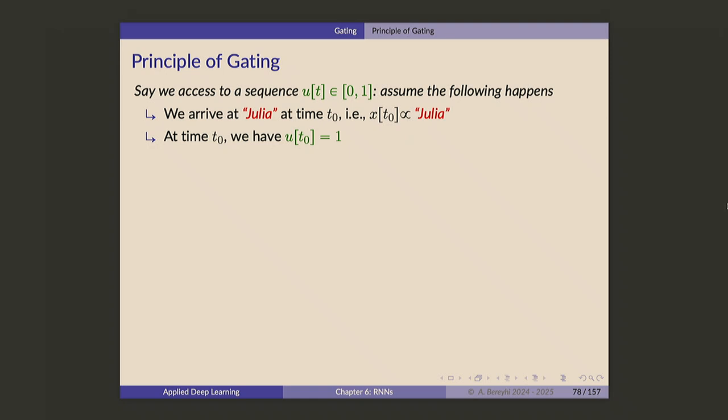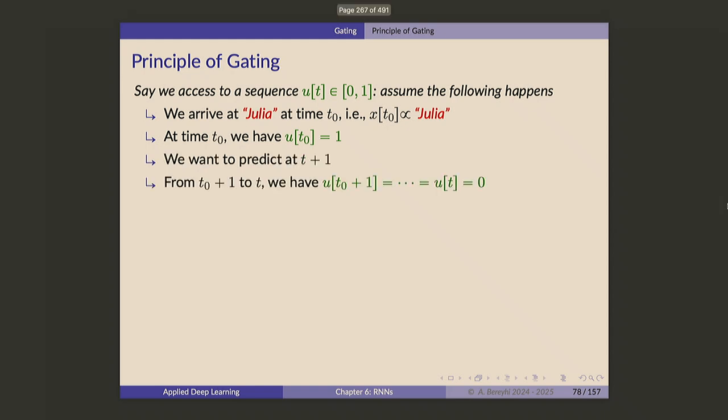Every single time step, in addition to the input and the hidden state and everything else, I have this u as well. So I can choose u on my own, this is my choice, to be some number between 0 and 1. Now, I get to Yulia, and I see that Yulia is a very important term for me. So what I'm going to do, I'm going to get u to be 1 at that time. So say Yulia happens at time t0, I'm going to put u at t0 to be 1.